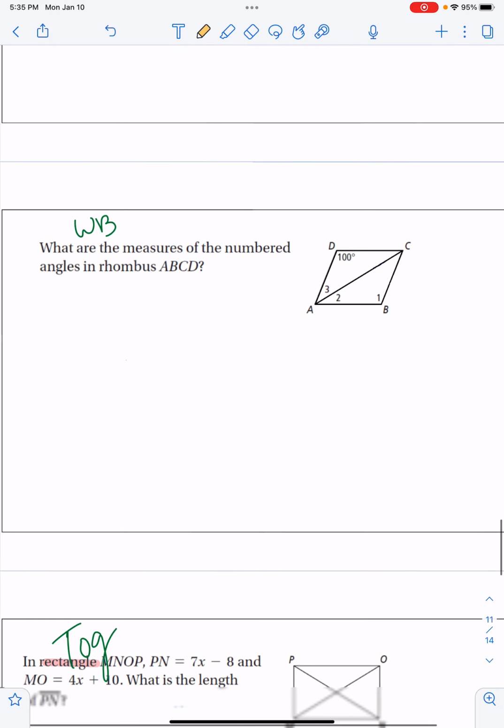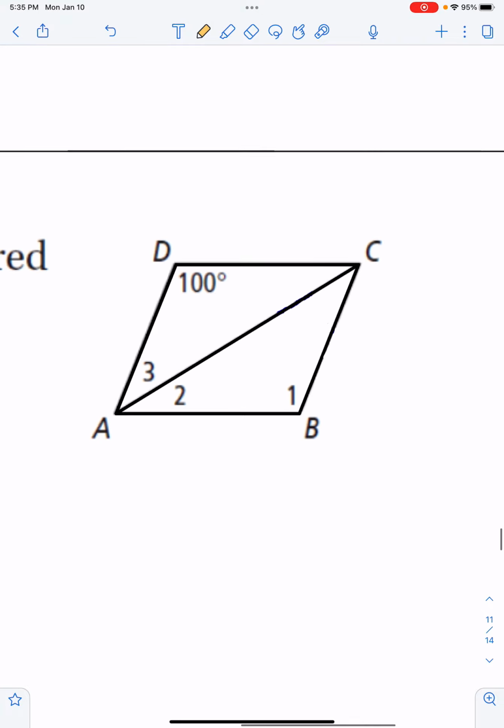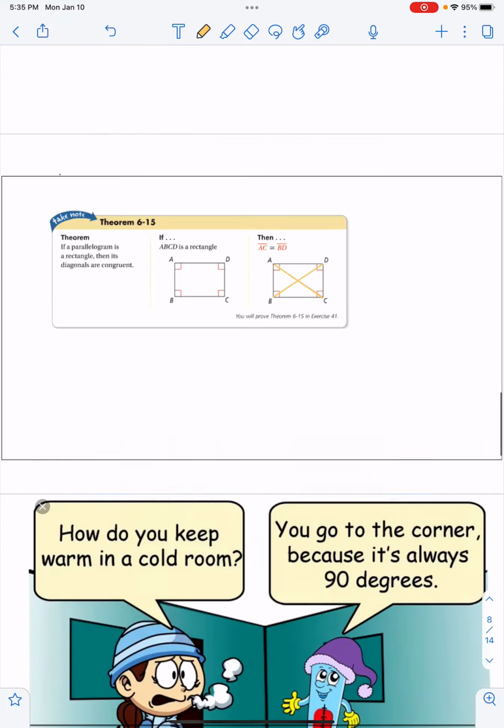They told us it's a rhombus, so we can use the rhombus rules and the parallelogram rules. So let's take the parallelogram list, copy it, and bring it with us wherever we need. Copy that and shrink it.